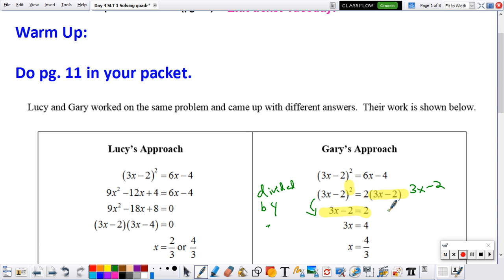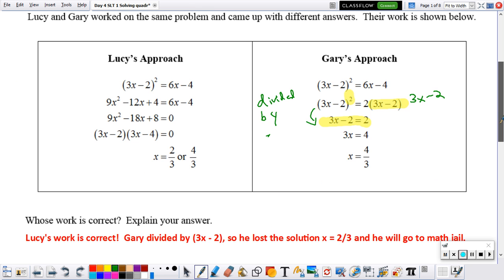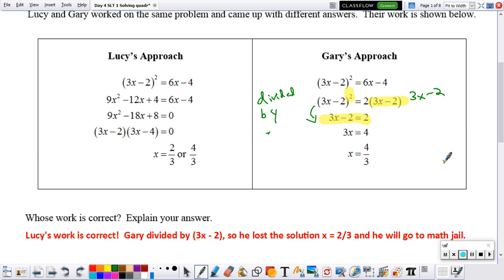And by doing that, he lost the solution of 2/3. He does not have that solution in his solution set. So sad, Gary. So the answer is, Lucy is correct. Gary divided by 3x minus 2. He lost the solution 2/3 because he divided by a variable, and he will go to math jail. Sorry, Gary.